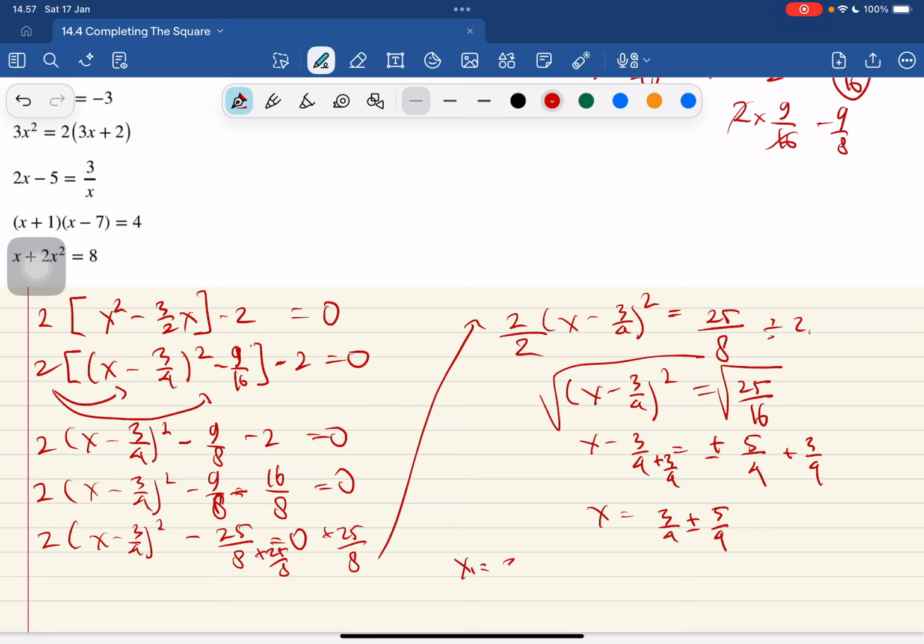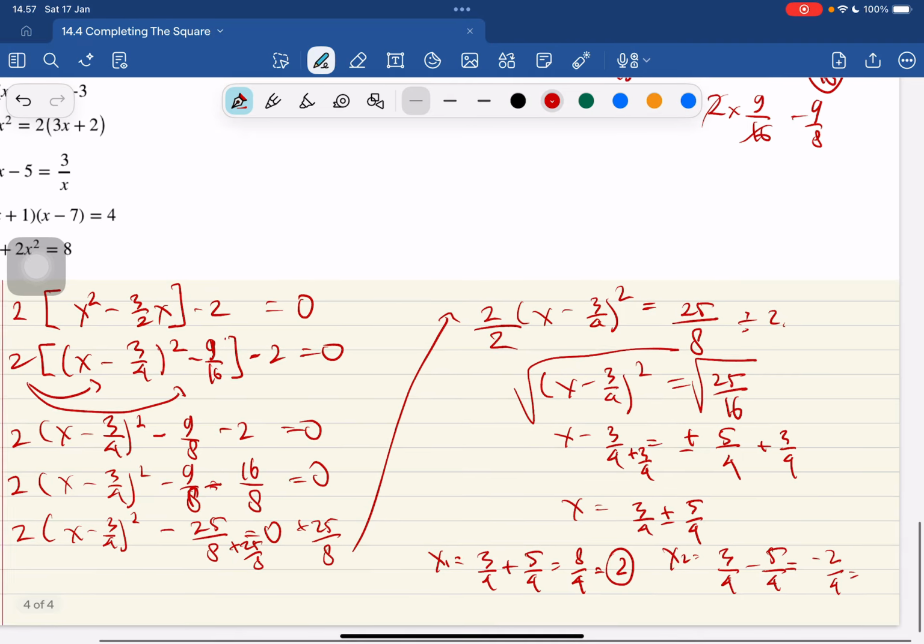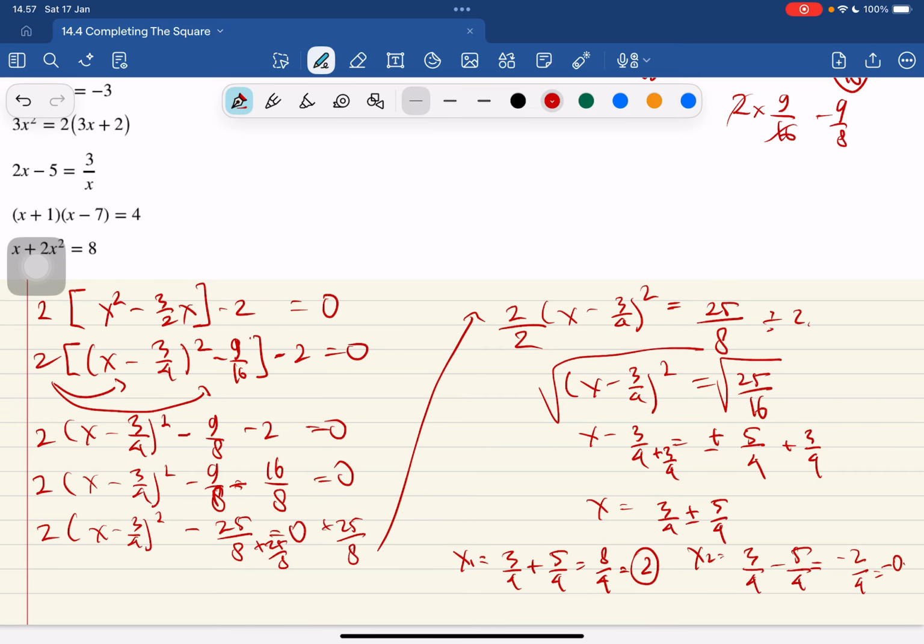So 3 over 4 plus 5 over 4, which is 8 over 4, or equal to 2. For x2, we will use the negative sign. So 3 over 4, we minus 5 over 4. So this is going to be minus 2 over 4, or we can write this as minus 0.5 as x2.